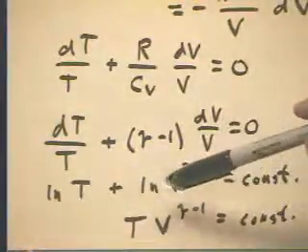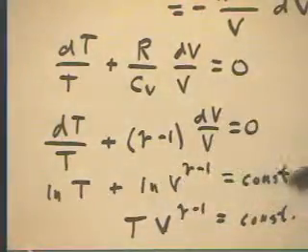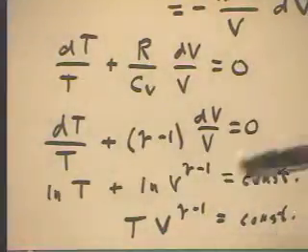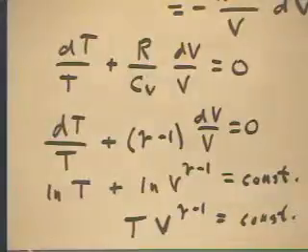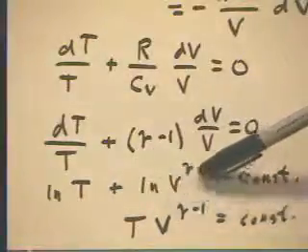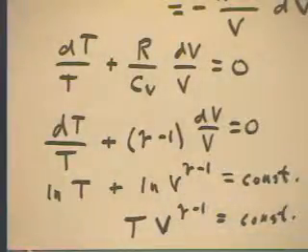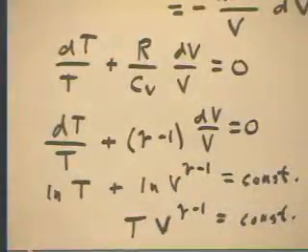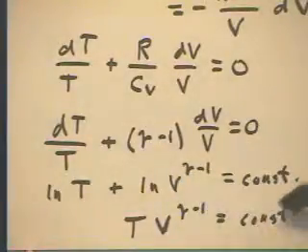Now, the natural log of T plus the natural log of V to the gamma minus 1 is constant. I've kind of skipped a step here, but this means that the natural log of T plus the natural log of V to the gamma minus 1 is the natural log of the quantity T times V to the gamma minus 1. And if the natural log of T times V to the gamma minus 1 is constant, then TV to the gamma minus 1 is constant.